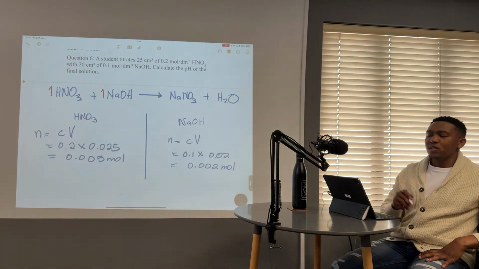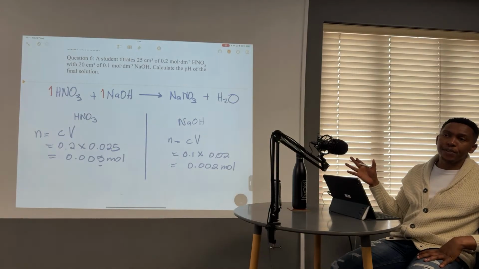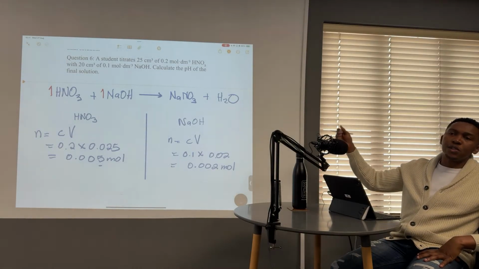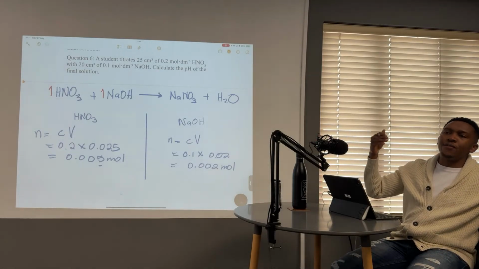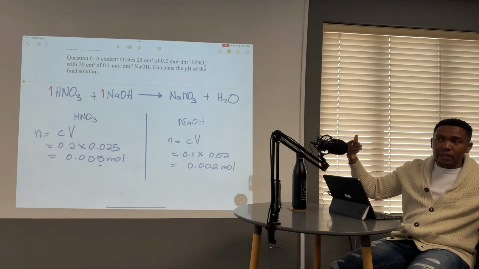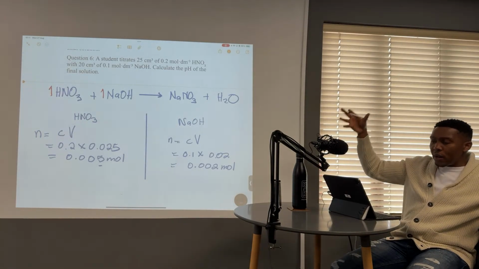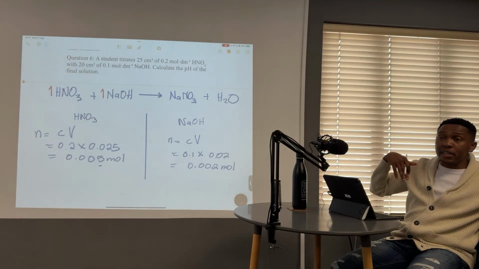Okay. So when you look at it, nitric acid is 0.005. The other one is 0.002. And we know that they have a 1-to-1 ratio with each other. Meaning, for every 1 mole of sodium hydroxide, I need 1 mole of nitric acid.